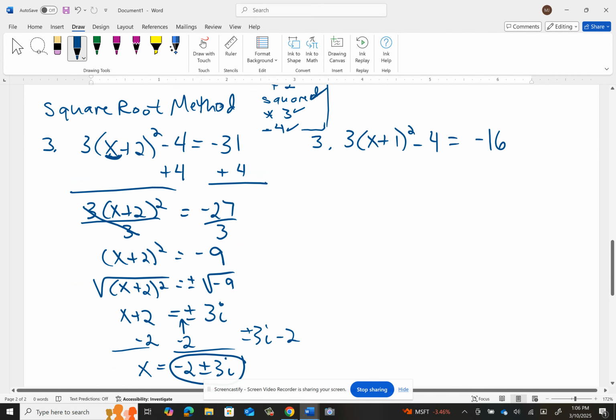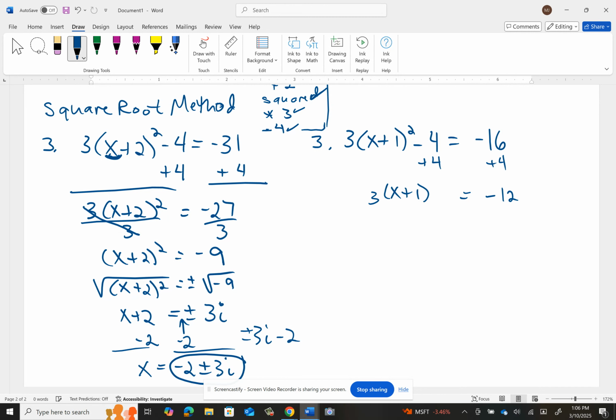Okay, so let's try another one. All right, so we're going to add 4, which gives us a negative 12 on the right. Okay. All right, then we're going to divide by the 3. So when we do that, we wind up getting a negative 4 on the right.